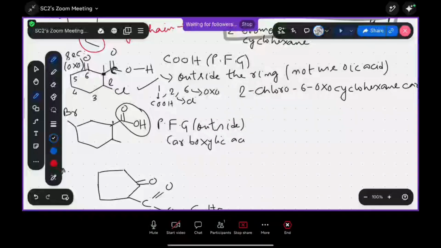Start numbering from here. It is 1, 2, 3, 4, 5, 6. That means this one is the 6th carbon. So what do you get?